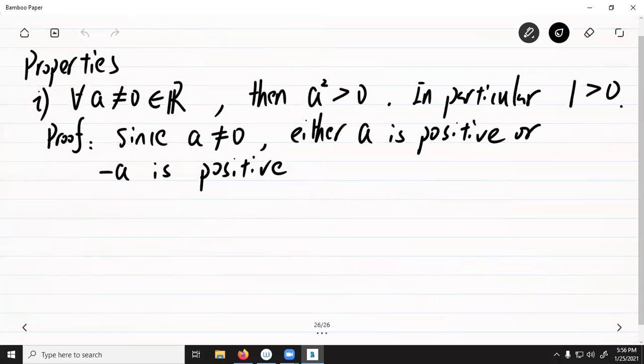Okay, so now we need to consider different cases. Suppose A is positive, what happens? Suppose negative A is positive, what happens? Case 1: A is positive.